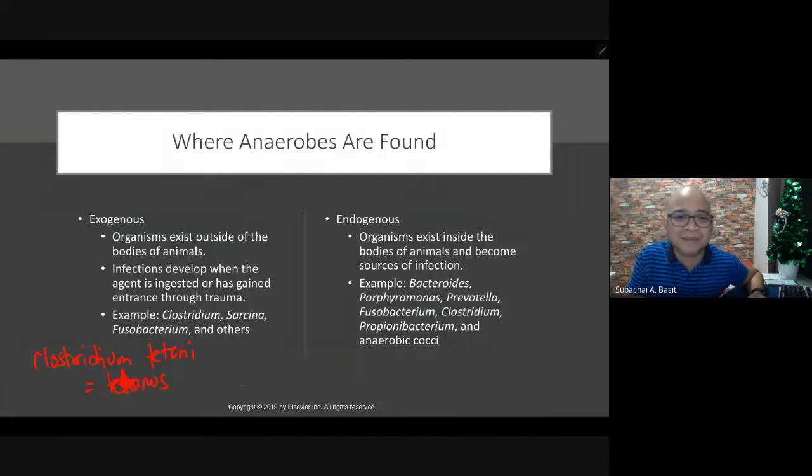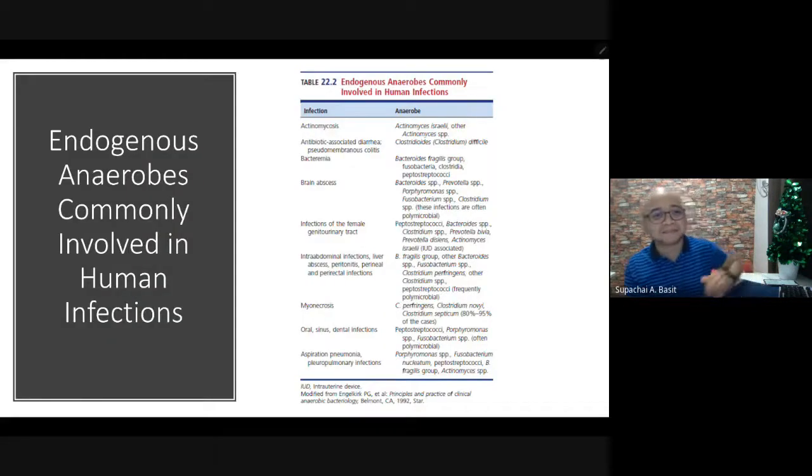So they exist inside the bodies of animals, and that animal becomes the source of infection. These are the sources of anaerobic bacteria. I hope you'll be able to study your book, particularly the one listed in chapter 22, which has the endogenous anaerobes commonly involved in human infection.